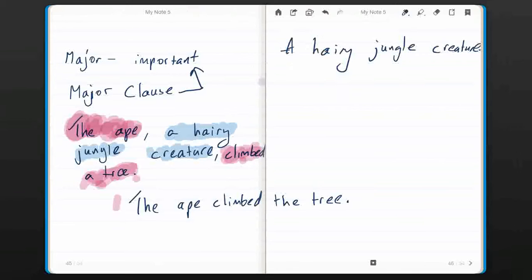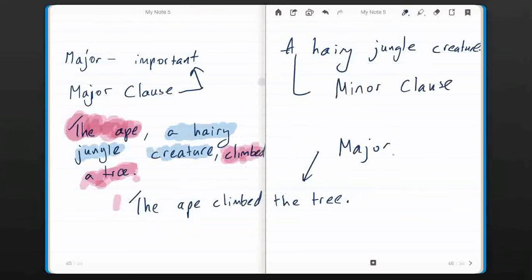So, that's why we have to call one of these a major and one of them the minor. The one that we can leave out is the minor clause. And the one that we need, which is this one, is the major clause.